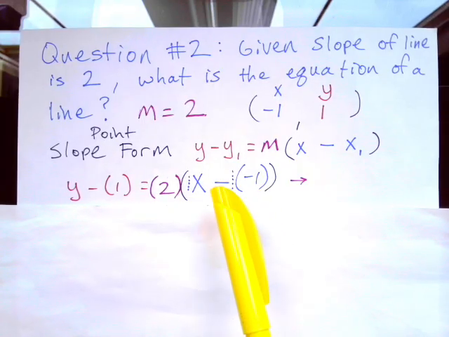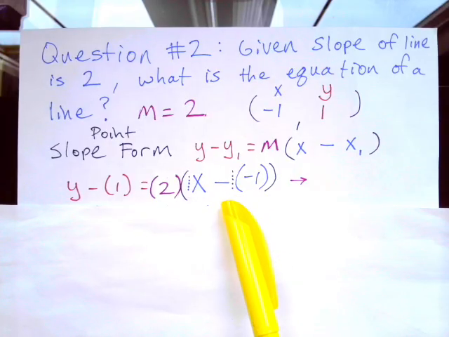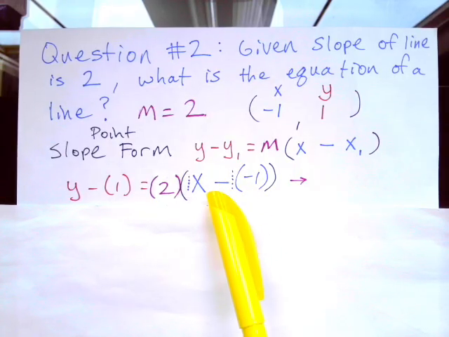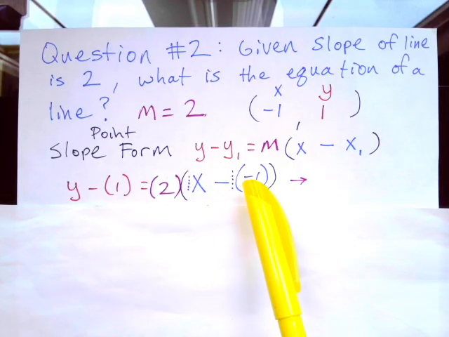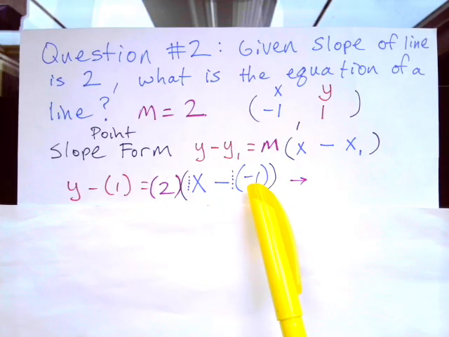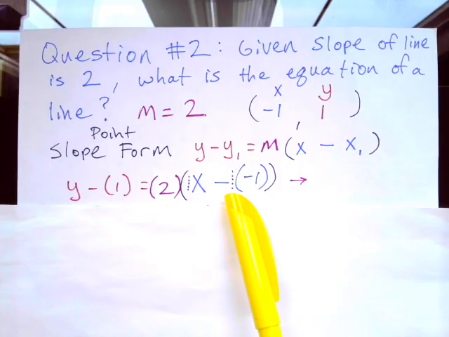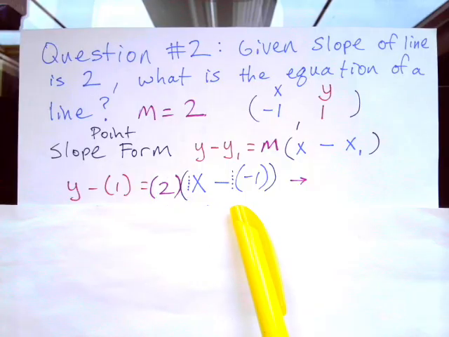This is technically a negative invisible 1. And if you're familiar with the distributive property, we're going to distribute that negative invisible 1 times the -1 inside these parentheses here. If you're not familiar with invisible ones, please check out my invisible 1 video. It clarifies a lot of things that confuse math students. It will really open your eyes and it will make math so much easier for you.